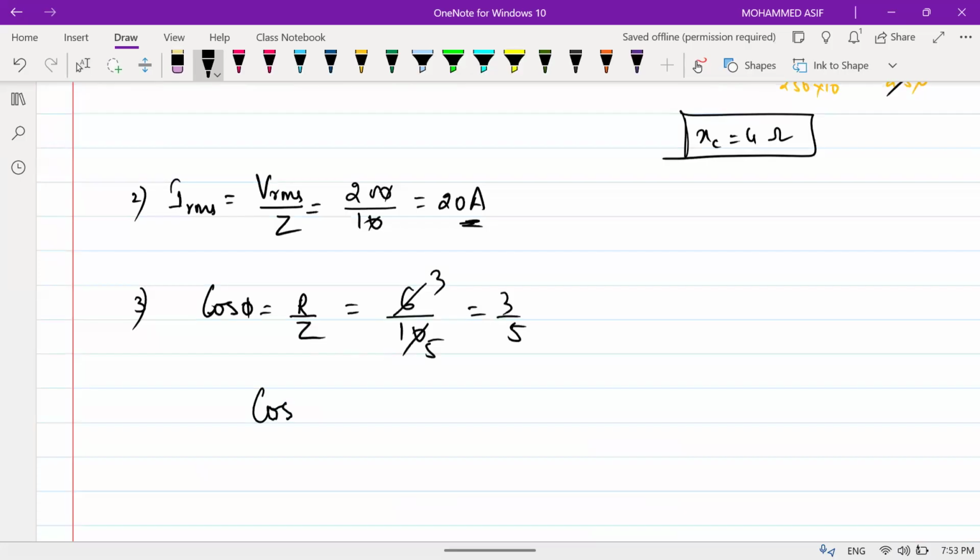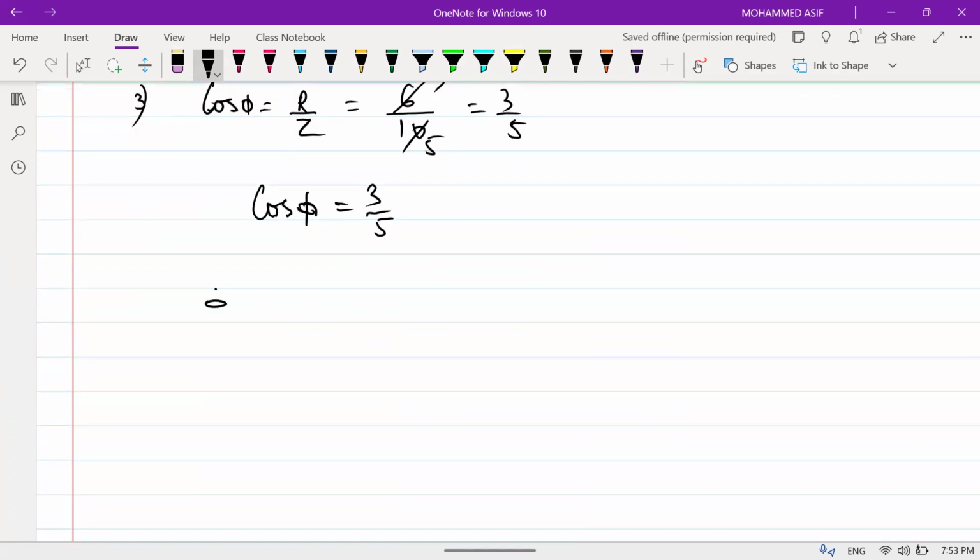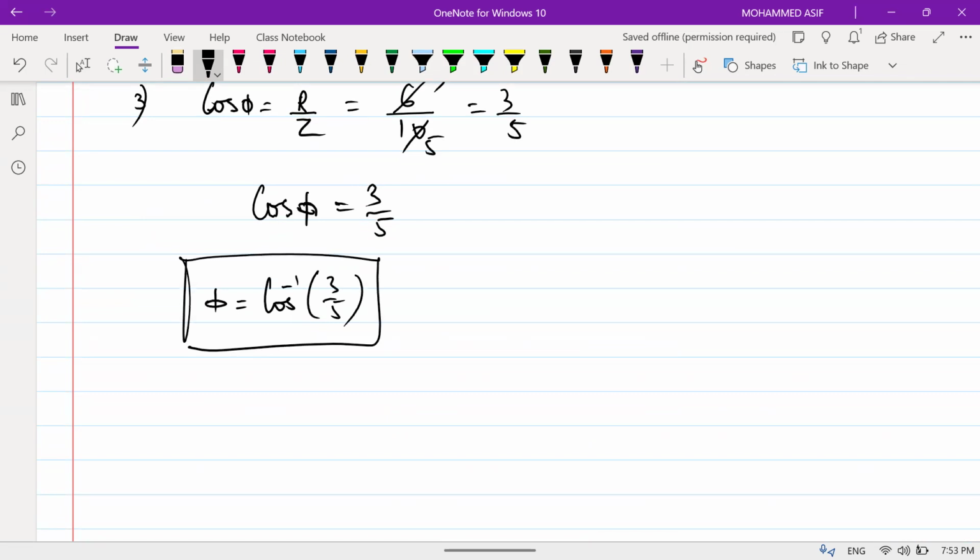So phi is equal to cos inverse of 3 by 5. Cos phi is equal to 3 by 5 means phi must be equal to 53 degrees. Got it?